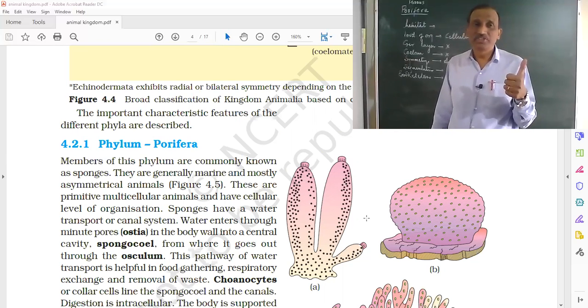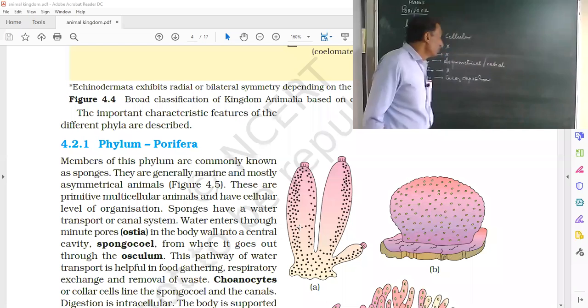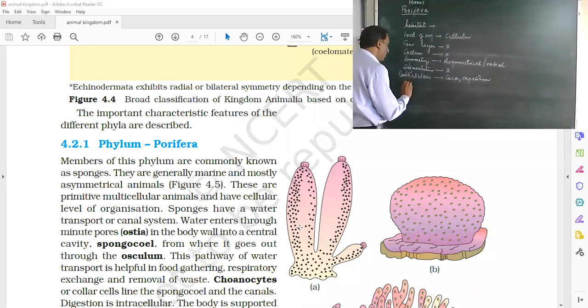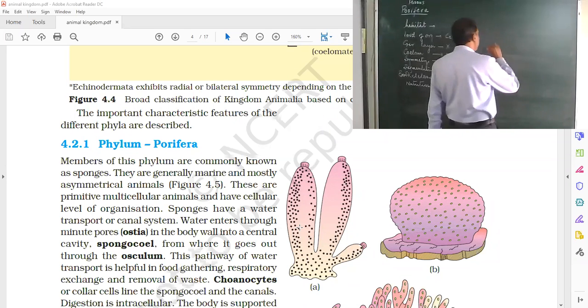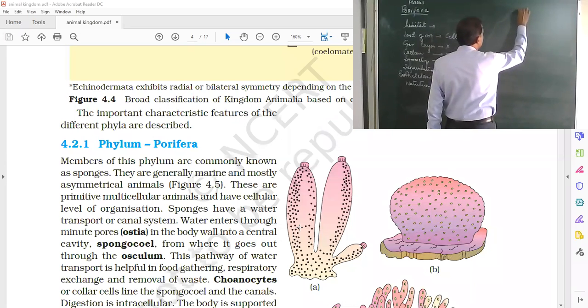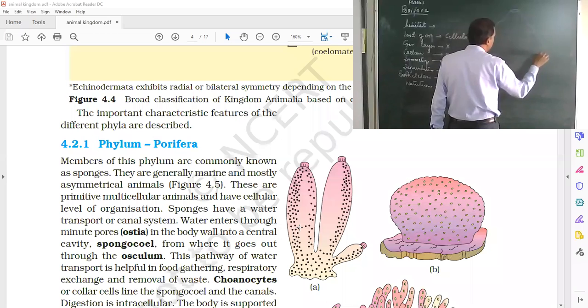So for them, nutrition, no organ; respiration, no organs; excretion, no organ; locomotion, no organ. Then what will they show? They will show something, that can't be otherwise. So let us write nutrition. Now I'll make a diagram to explain it.